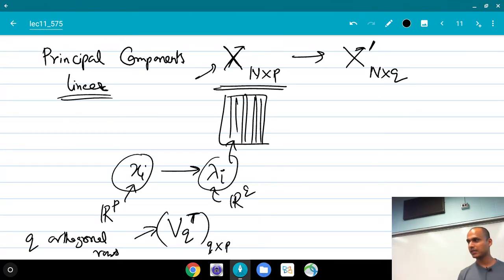When I say orthogonal, it just means that these rows, which are of dimension P, these P dimensional vectors, have inner product 0. Bunch of numbers, multiply them element wise, sum them, it should be 0. That's all orthogonality means. Pictorially it just means perpendicular to each other. So that's a special property satisfied by V_Q transpose.